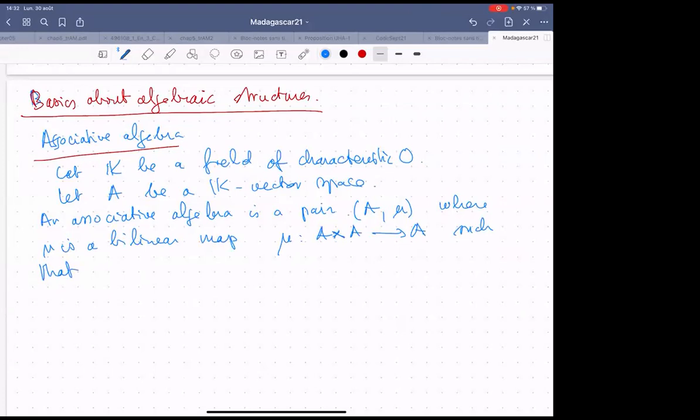The first condition is the associativity, which means that mu of mu of x, y, z is equal to mu of x, mu of y, z, for all x, y, z in A.